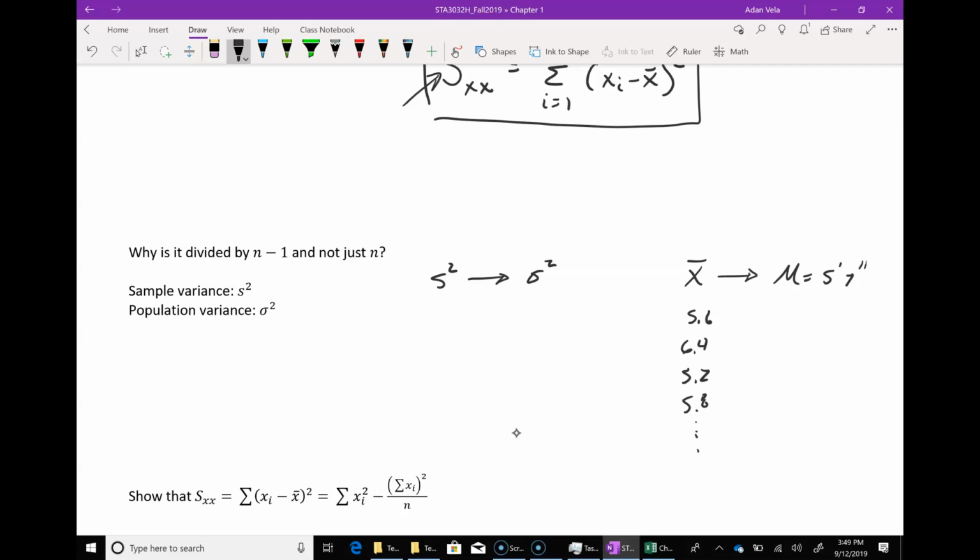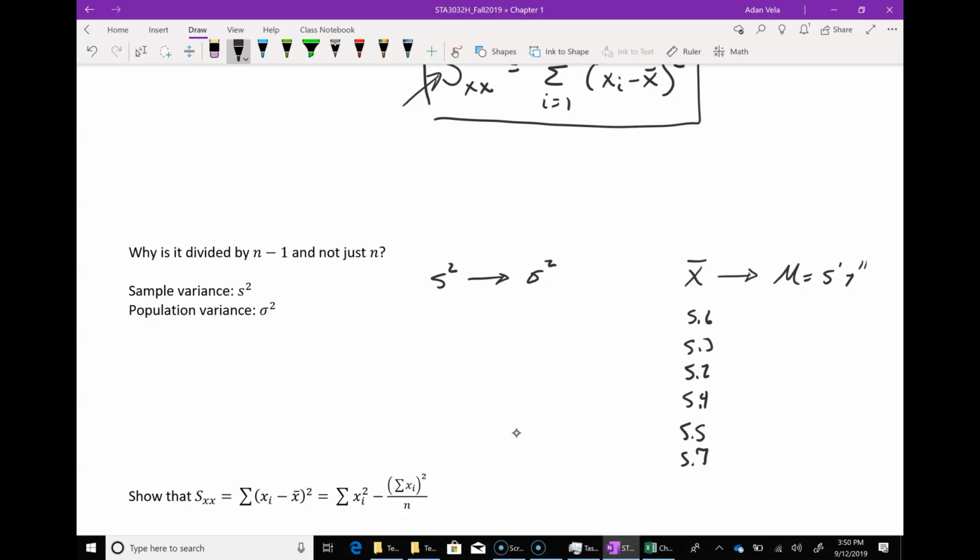Let's say, instead of those values, I kept getting stuff like this. Would you have any concerns? I asked 100 people their height, and then I'd average those values, and I did that 6 different times.